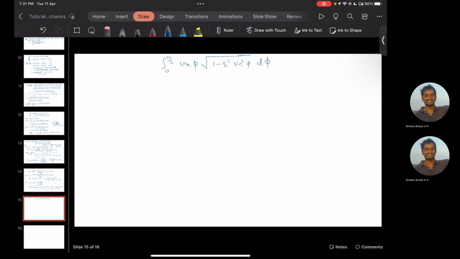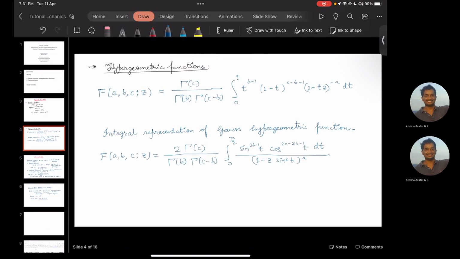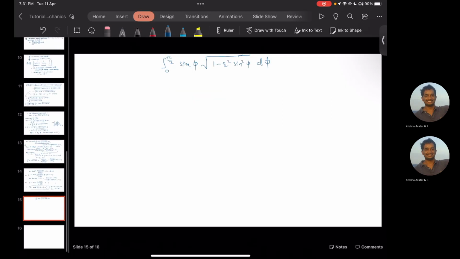Now let's use the other form that we have. So we need to evaluate this in terms of the original hypergeometric function, which was in terms of t, right? So let's start evaluating in that sense. This second approach is going to be cumbersome, but still let's do it.